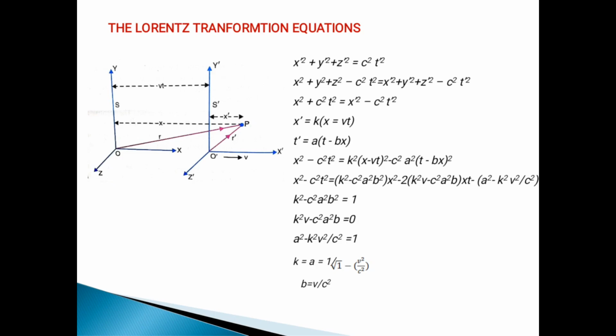Similarly, the equation of the spherical surface relative to O prime is x prime square plus y prime square plus z prime square equal to c square t prime square, or x prime square plus y prime square plus z prime square minus c square t prime square equal to 0. c is not primed since, according to the second postulate, it is constant for both.